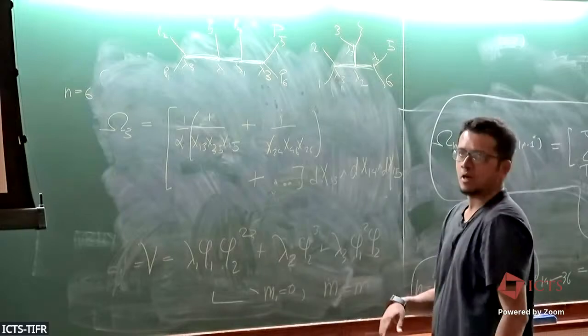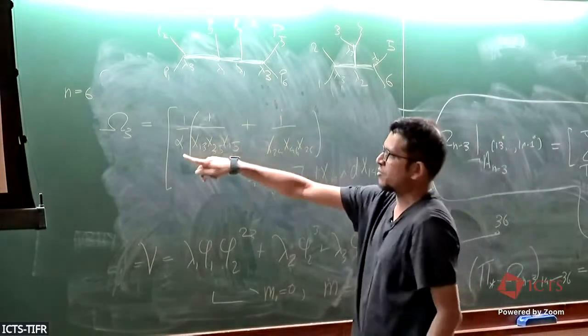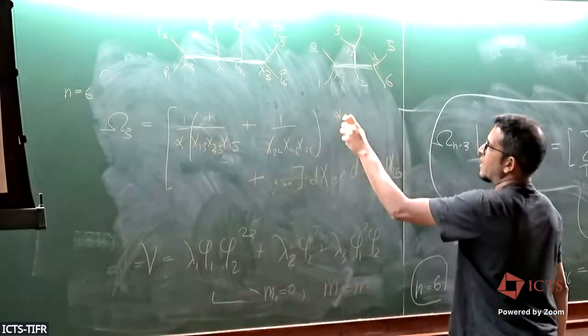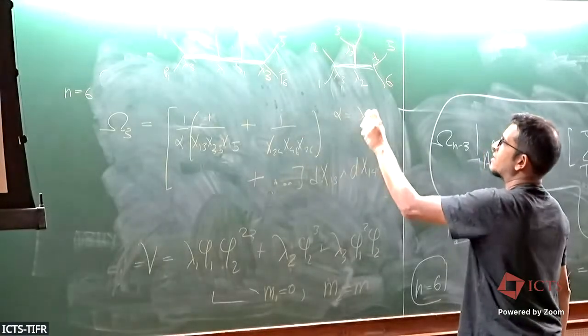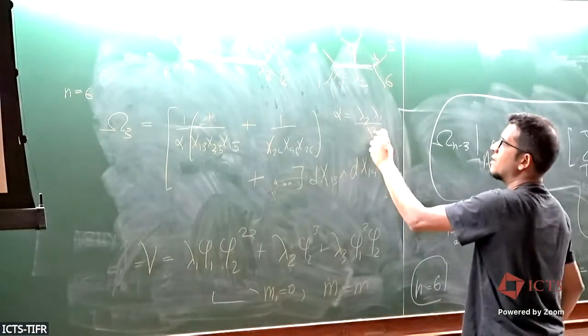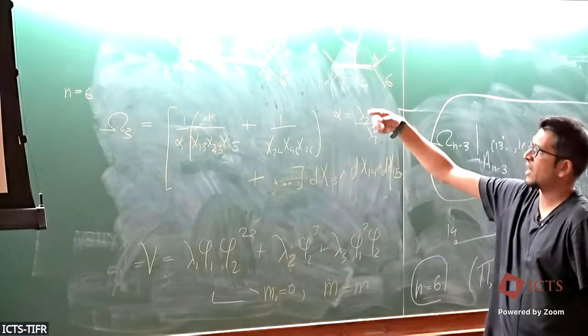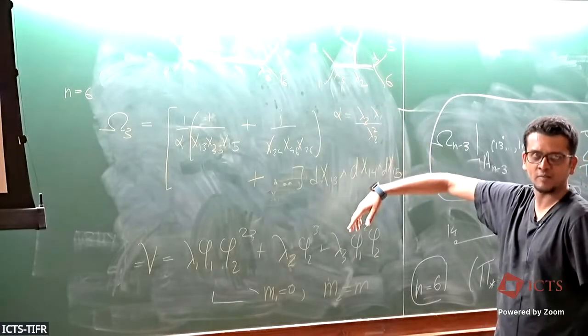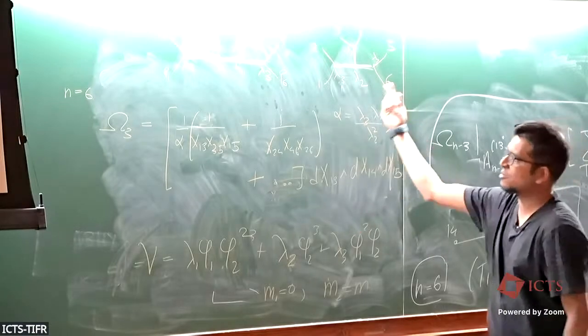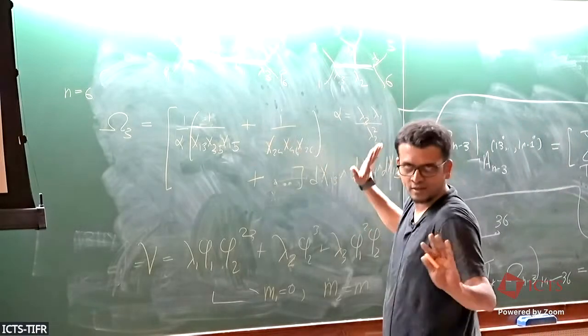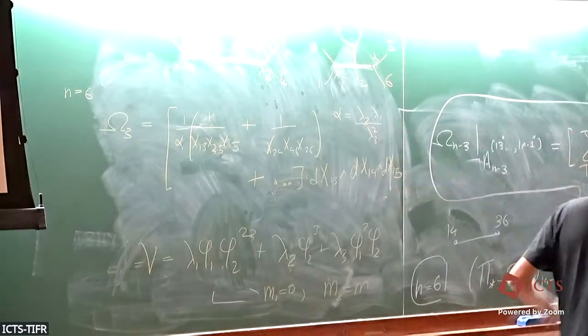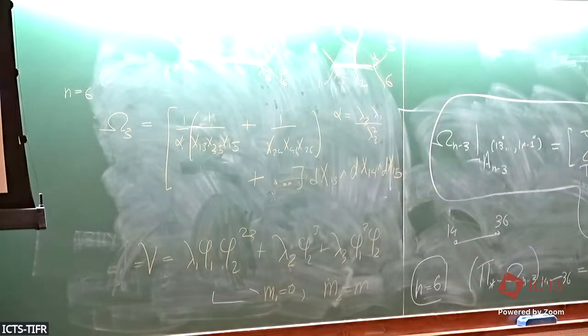And so you can show, I think, that if you identify alpha with lambda 3, lambda 1 by lambda 2 square, something like that, then this is precisely the 6-point amplitude for this Lagrangian, where all the external particles are massless. And you can generalize this to any n. You can write this result for any n. So it was just one illustration.